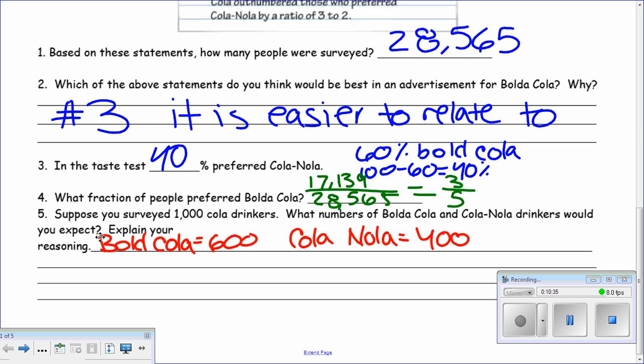If we're doing this out of 1,000, 60% would be 60, but since we're working with 1,000, you added an extra 0, right? And then the difference, because you need 1,000, would be 1,000 minus 600, which gave the Cola Nolas at 400 people. Let's move on to the next page in part B.